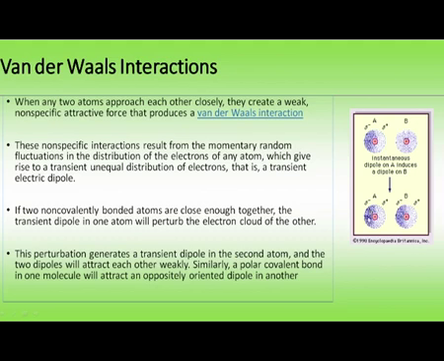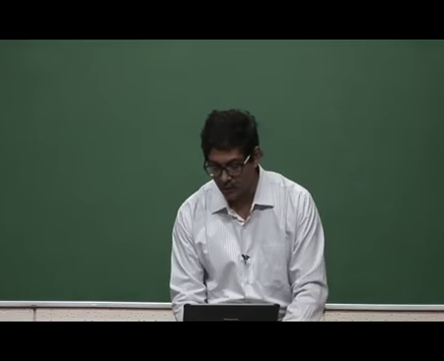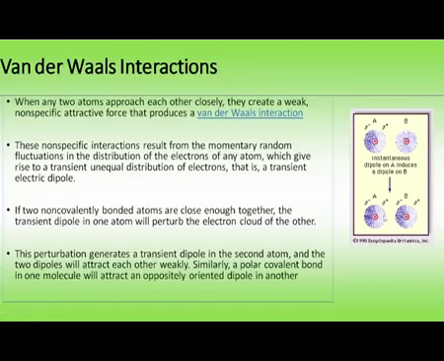So, you have a partial hemisphere of negatively charged electrons, and here also the partial, because this has come in close proximity, this is positively charged, this is negatively charged. So, they would like to attract each other. So, these kinds of interaction by influence of each other, as a result of which there is a dipole interaction and they try to come closer to each other, is called the van der Waals interaction.